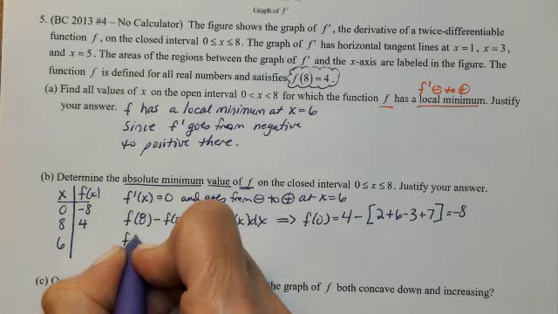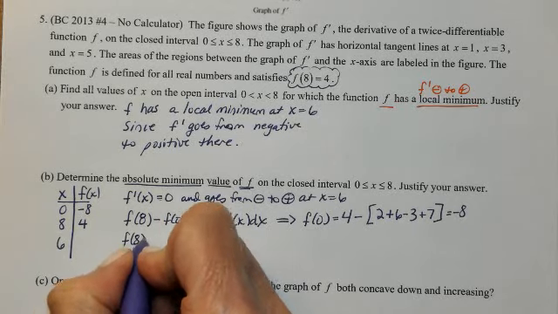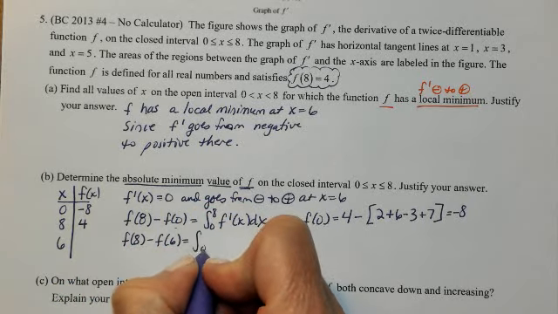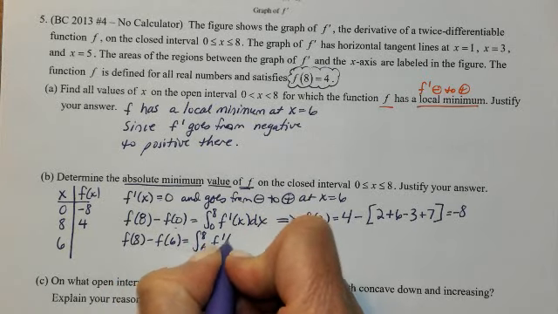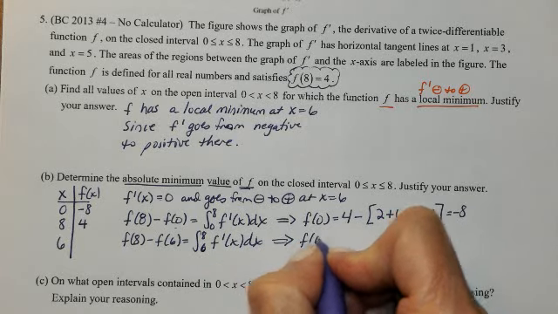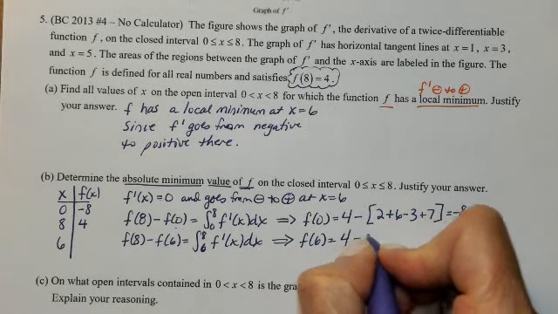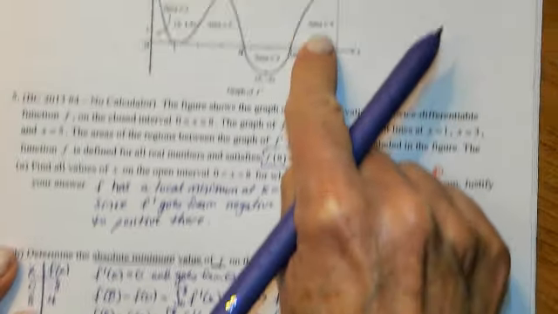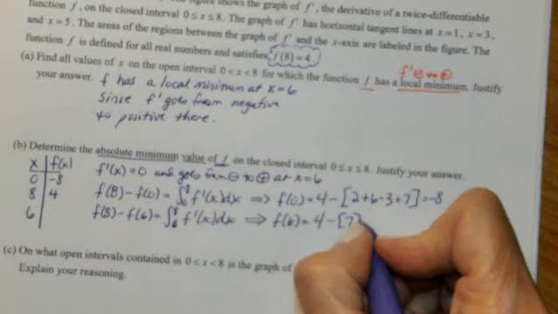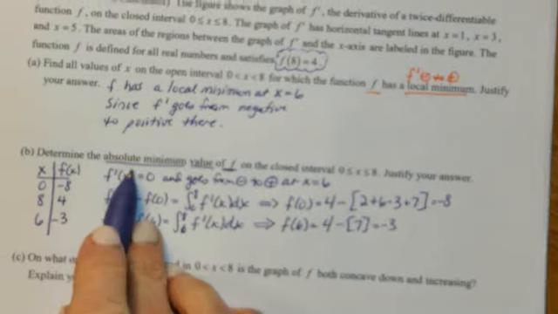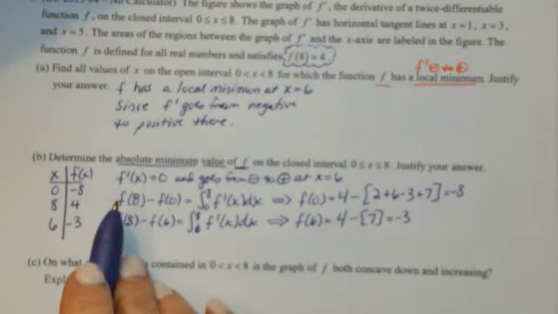What about at 6? F of 8 minus f of 6 will be the integral from 6 to 8 of f prime. So f of 6 will be 4 minus the integral from 6 to 8. The integral from 6 to 8 is negative 3. So I'm looking for the absolute minimum value of f.